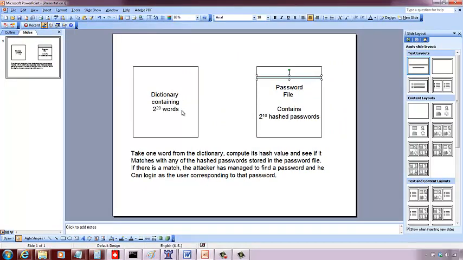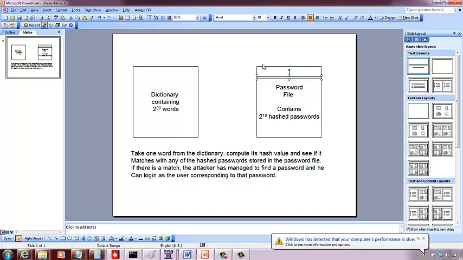So what we have to do, again, is choose every word in the dictionary, find a hash value, and see if it matches with the hash value for the root's password. You could try all these words in the dictionary, but again, the probability that this password of the user is in the dictionary is only 1/4. So there is a 3/4 probability that this password will not be from the dictionary.